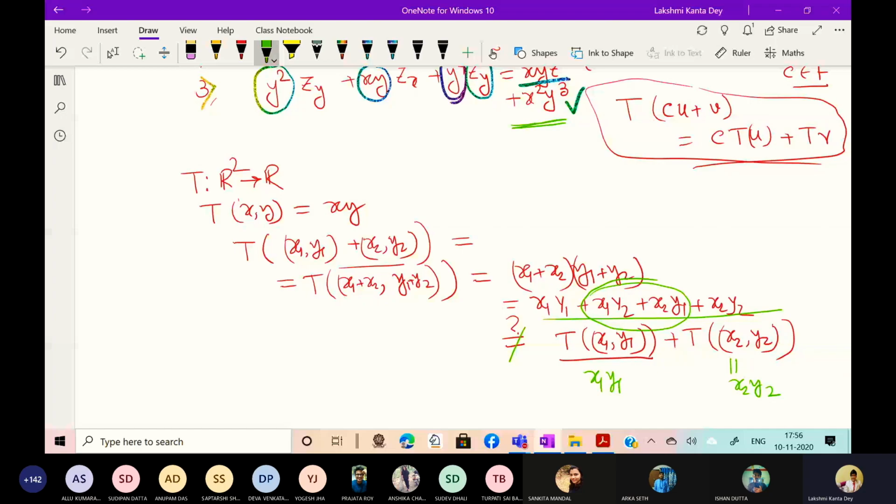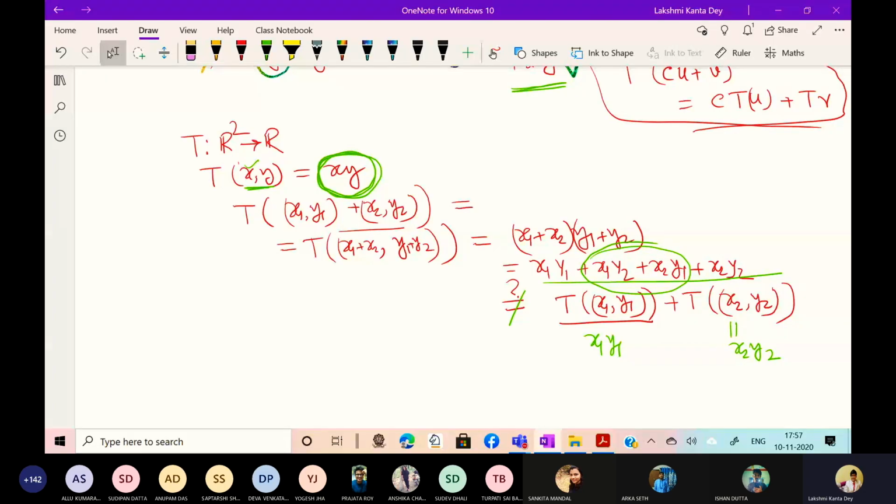So you expect that these are independent coordinates, x and y, and it has to be linear in both components, so it cannot be in the product form. I think you understand it now.